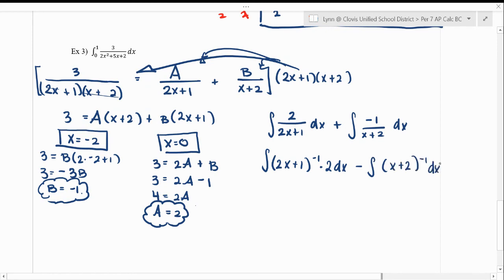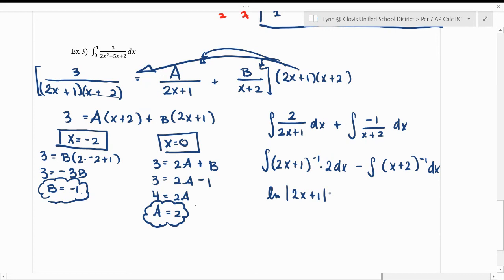So again, I'm just trying to go through that idea of you don't always have to write out your u and du. It's okay that you do, but you don't have to. So here if I see that my u term is 2x plus 1, and then chain rule, that derivative is 2dx. So this is perfect, right? So then this would just be the natural log of 2x plus 1.